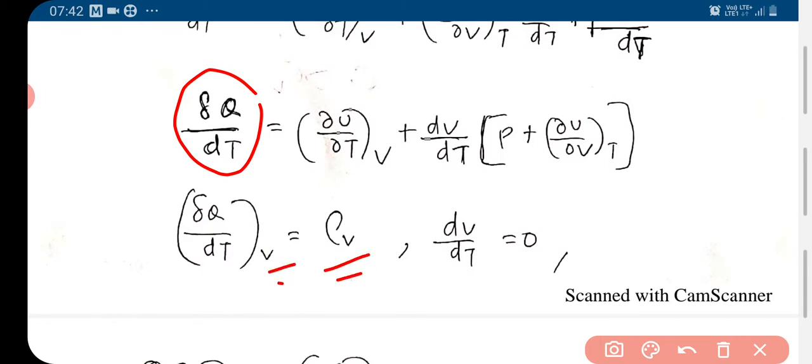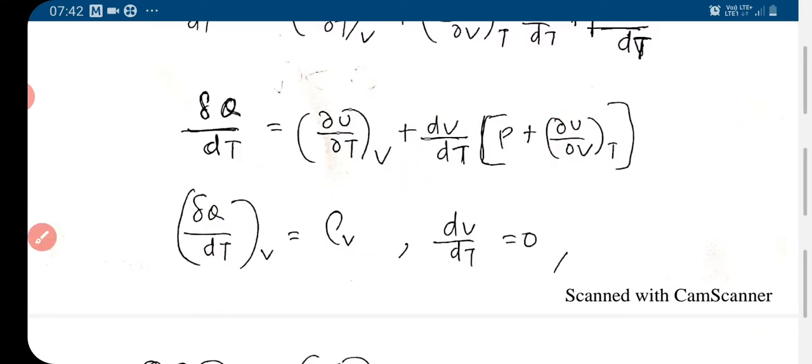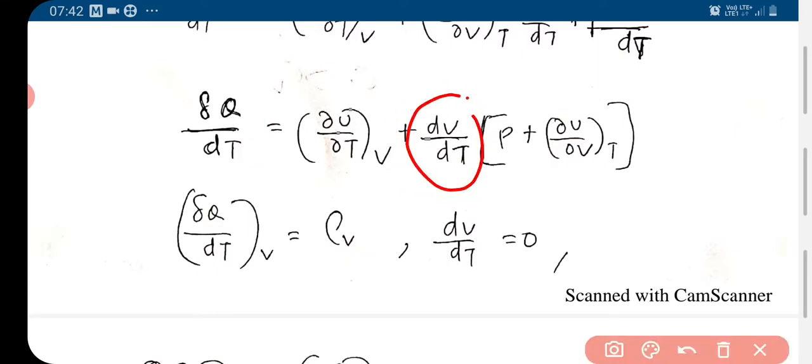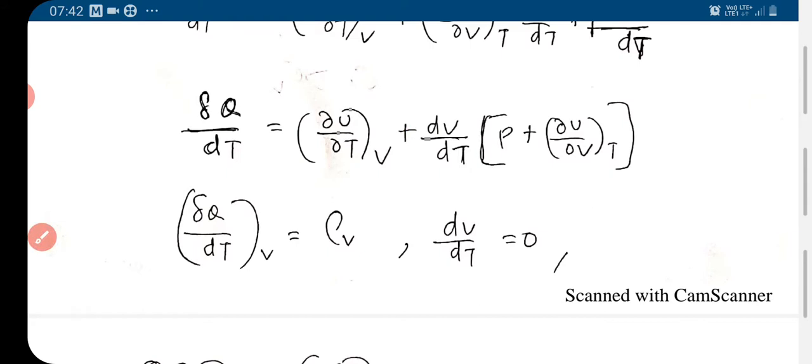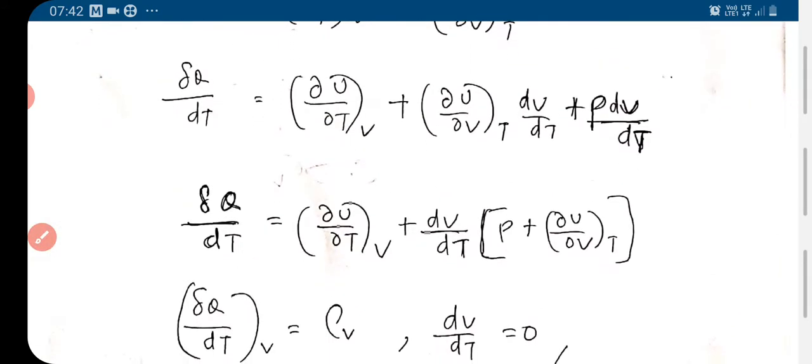At constant volume dV is 0, so dV/dT is 0, there is no change in the volume. So this factor is 0.